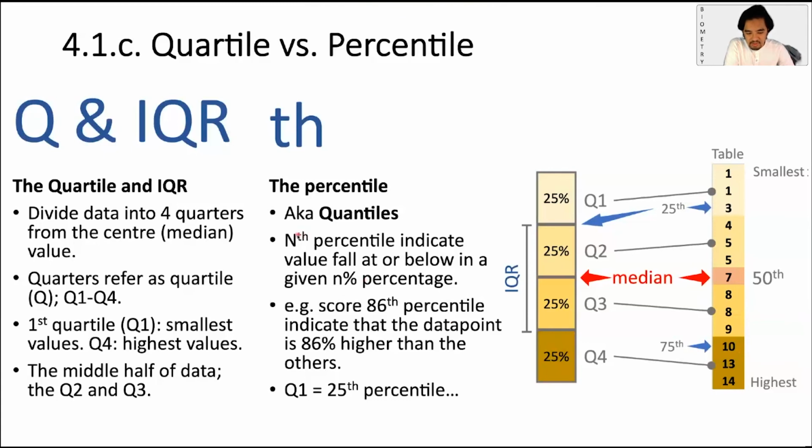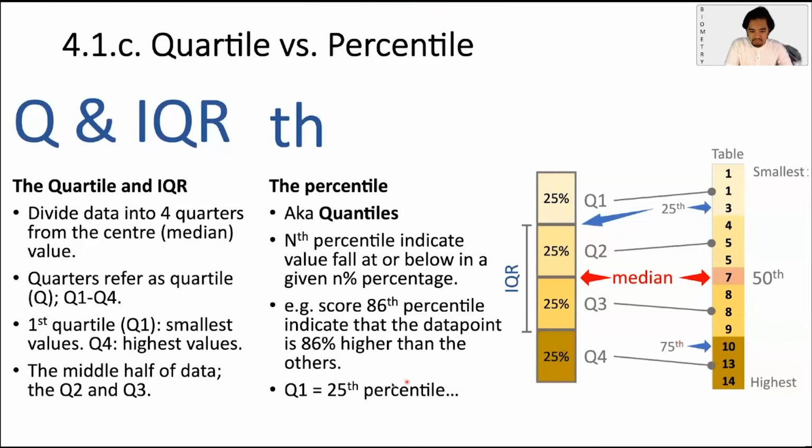When we use the term percentile, we use the 1st, the 2nd, the 3rd, up until 100, indicating the value falls at or below a given percentage. At the 75th percentile, the data point is higher than 75% of the other data.